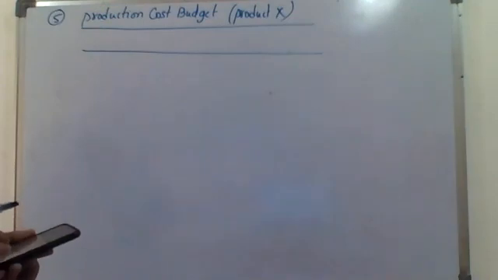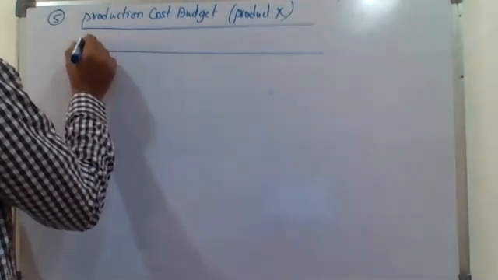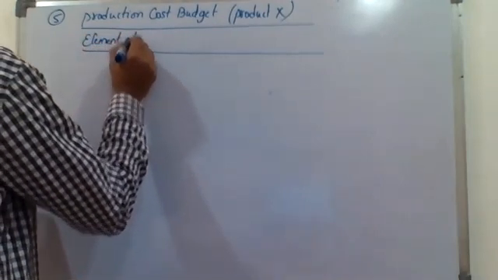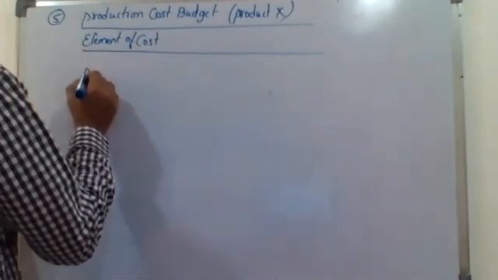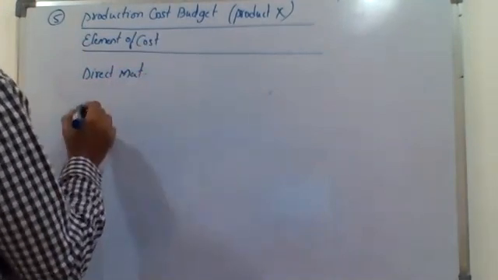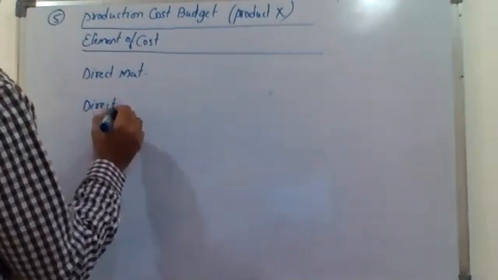If you look at the question back, he says these are the elements of cost. First is direct material. Then we have direct wages, or we can call it direct labor.